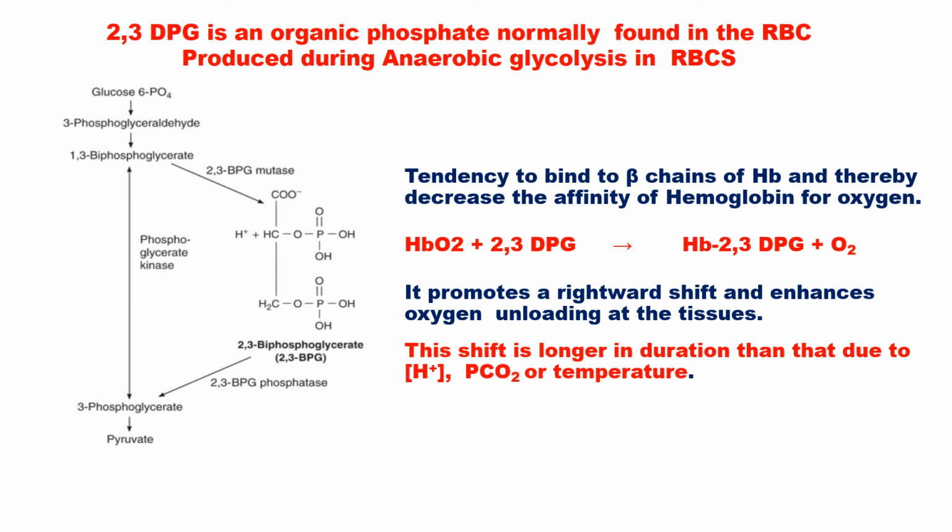The increased level of 2,3-DPG is seen especially in response to hormones, for example thyroid hormone, growth hormone, androgen, and also in cases of anemia and chronic hypoxia.